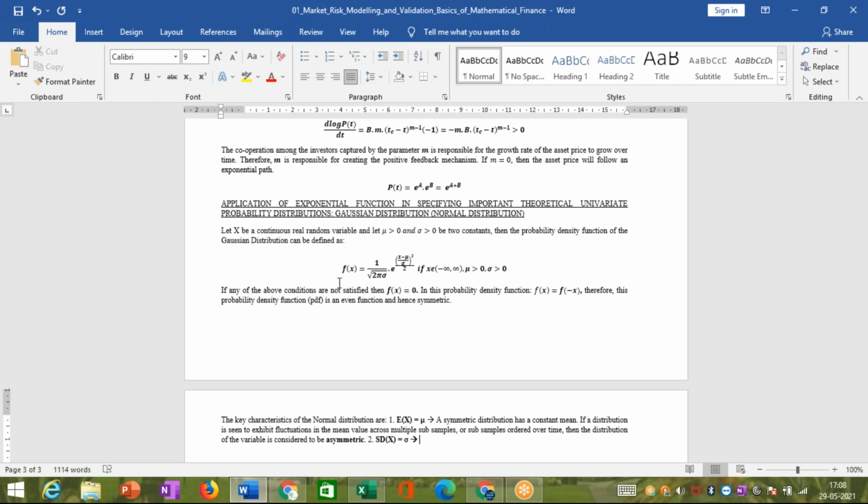So the two most important characteristics of a normal distribution, once again, are a constant mean and a constant standard deviation, right? So basically this point says the distribution has a constant standard deviation.